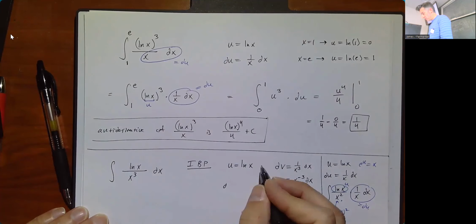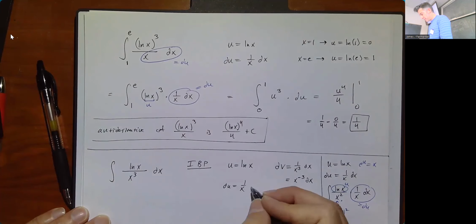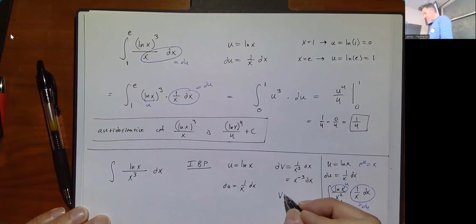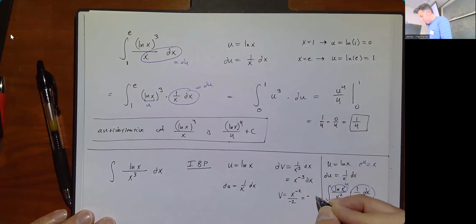The derivative of the natural log of x is just 1 over x, so du is 1 over x times dx. And v is the antiderivative of x to the negative third, so it's x to the negative 2 divided by negative 2, which you might simplify as negative 1 over 2x squared.